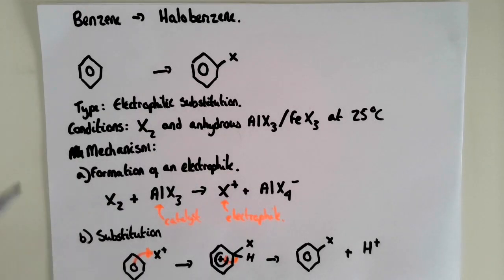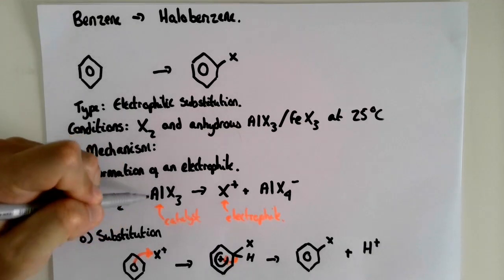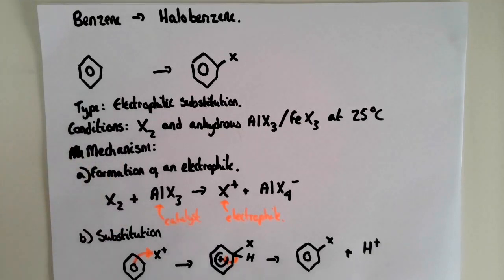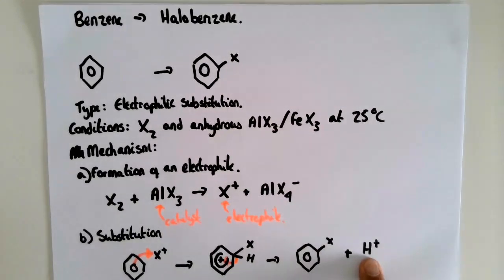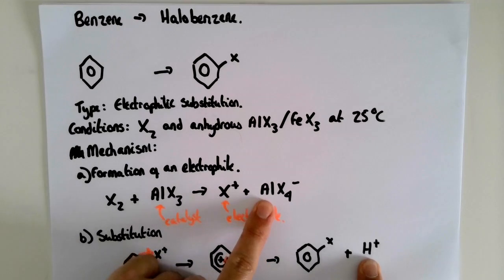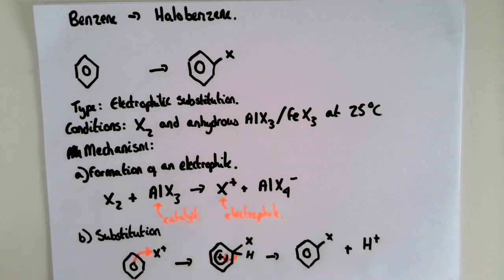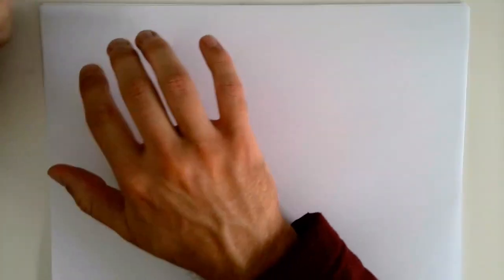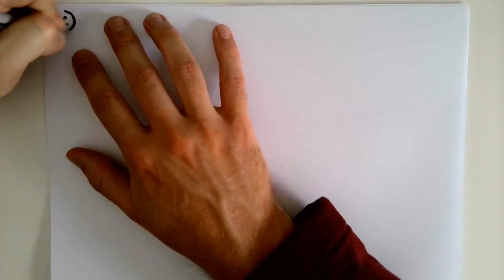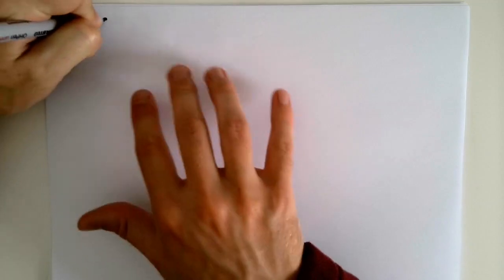So final step is reforming this catalyst. So what's going to happen is the AlX4 minus that we formed previously and the H plus are going to combine. So these two are going to combine together to give us our catalyst. So as before, final step is regeneration of the catalyst.